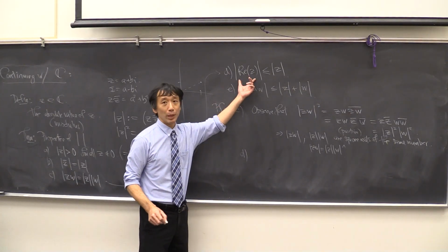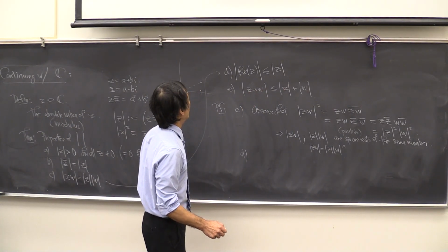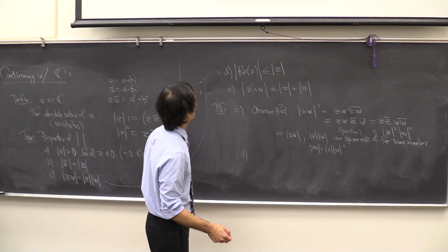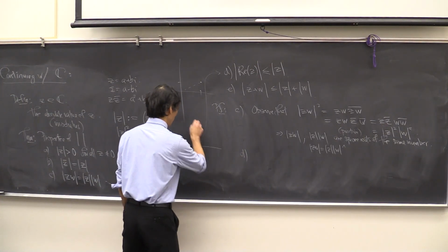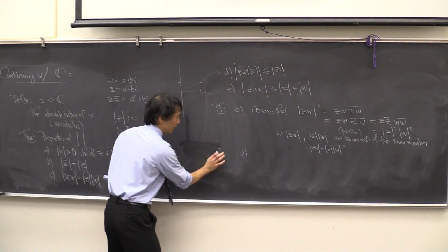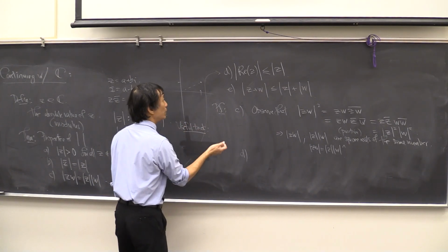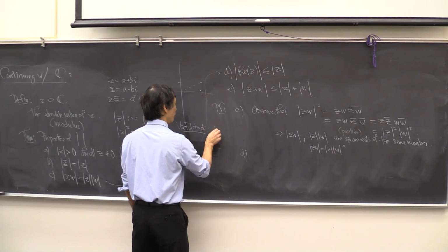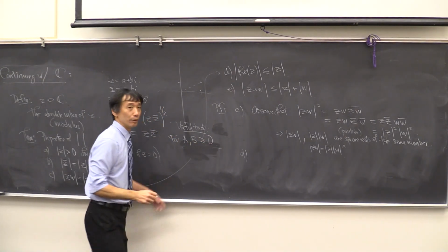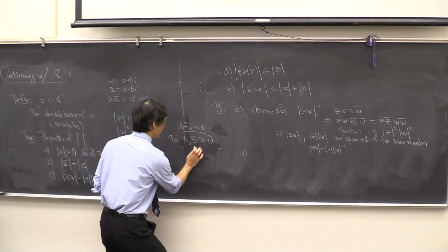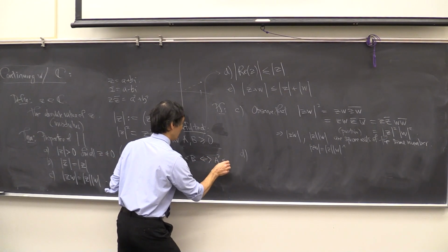The fact that the real part is smaller than this, maybe the easiest way is to... I forget if I mentioned this before or not, but one kind of useful trick when you're dealing with A and B greater than or equal to 0, non-negative numbers, is that A being less than B is equivalent to A squared being less than B squared.